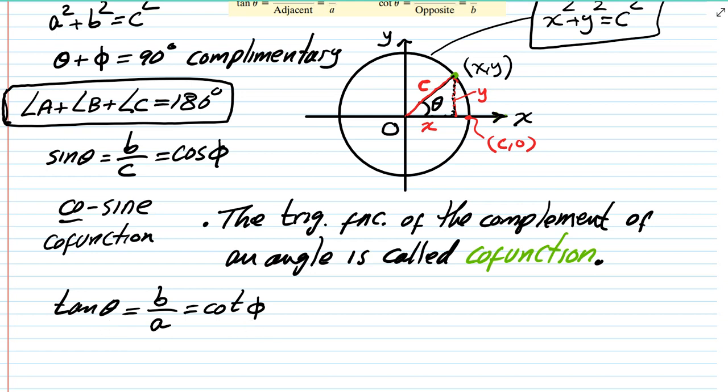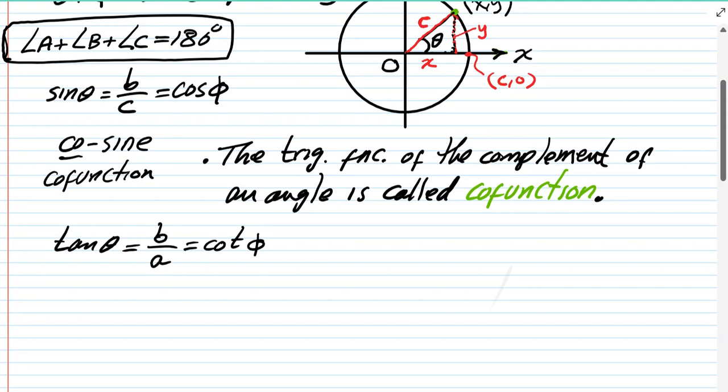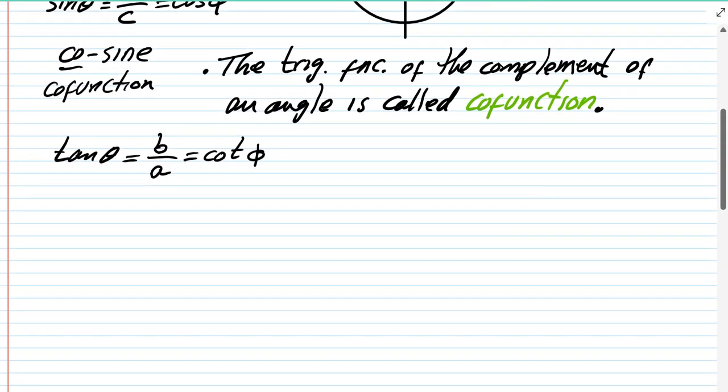All right, enough said about that one. Now, because of this cofunction relationship, we can convert from one trig function of an angle to the trig function of the other.